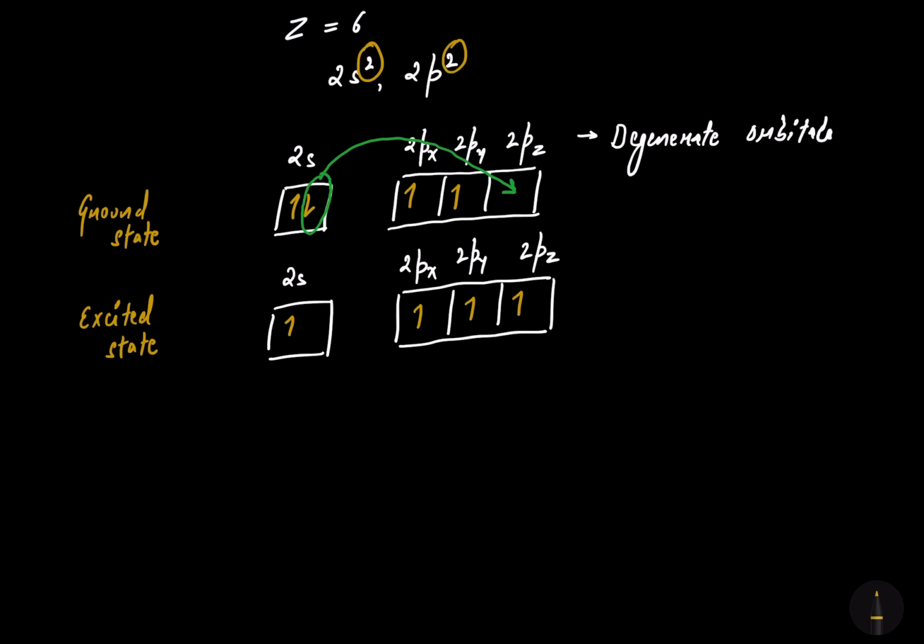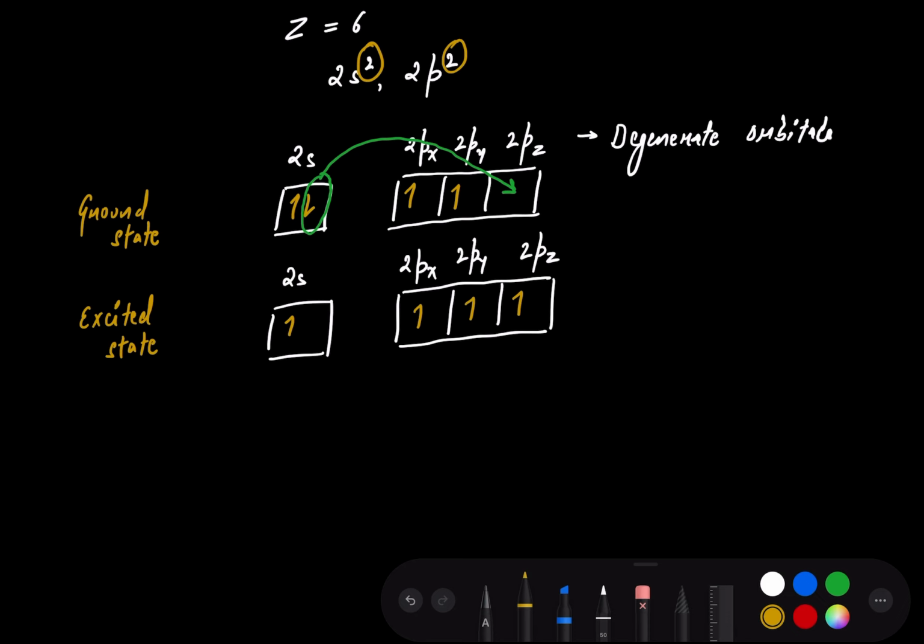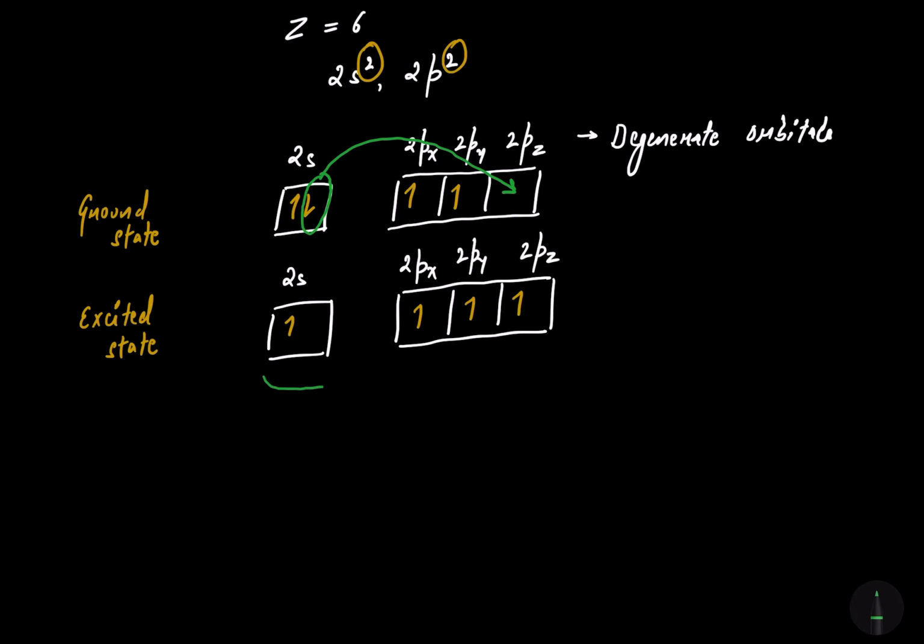Now what will happen next? These 4 orbitals, one of 2s and the 2px, 2py and 2pz, will intermix with each other.